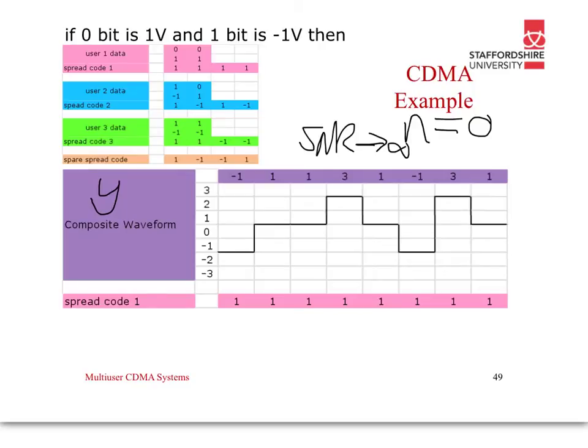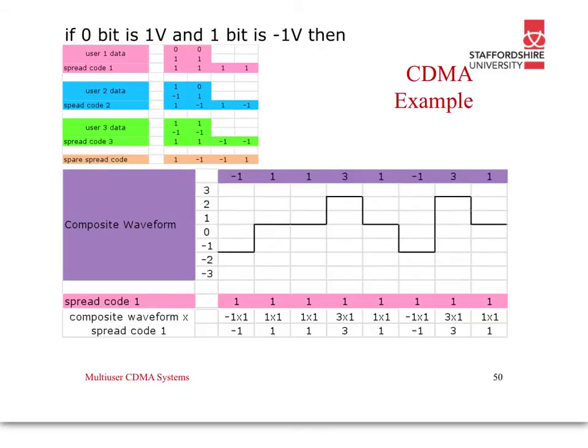So we have -1 times 1 is -1, 1 times 1 is obviously 1. Because we're multiplying everything by 1, we essentially have the composite waveform times spread code equal to the composite waveform. So -1, 1, 1, 3, 1, -1, 3, and 1.